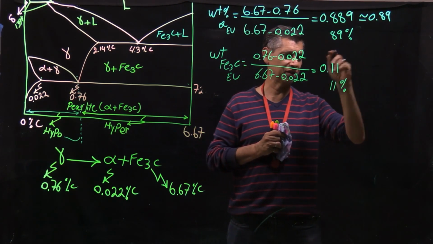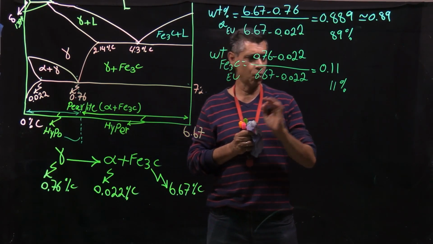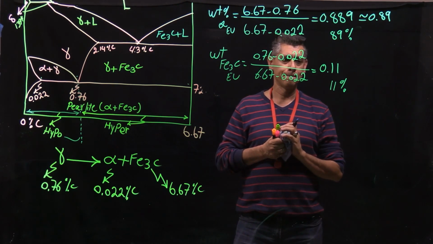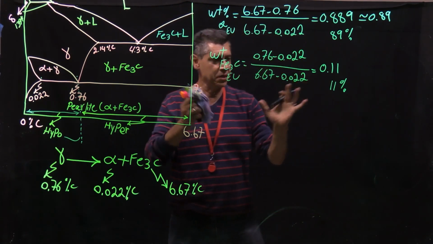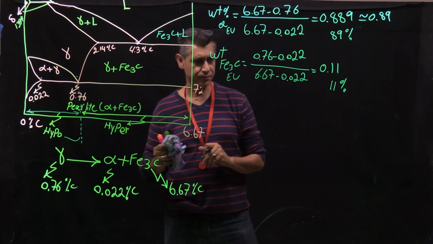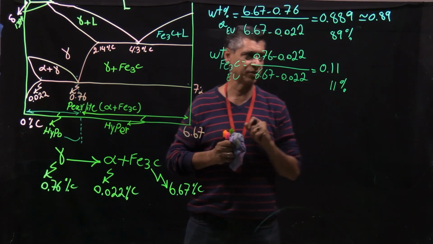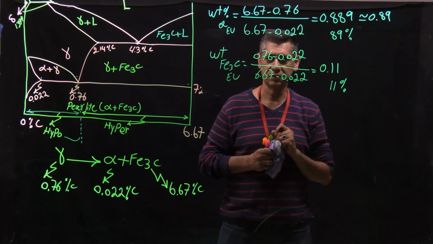We don't care about the last digits, it's like 11%. So that means in my structure of pearlite, I have 11% cementite and 89% ferrite.